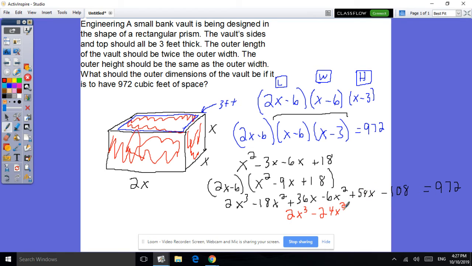What was that, 90? Plus 90x. And then notice this. I'm going to go ahead and do this in one step. I'm going to subtract 972 on both sides. Minus 972. That's going to give me negative 1080 equals 0. So now I have this monster here.